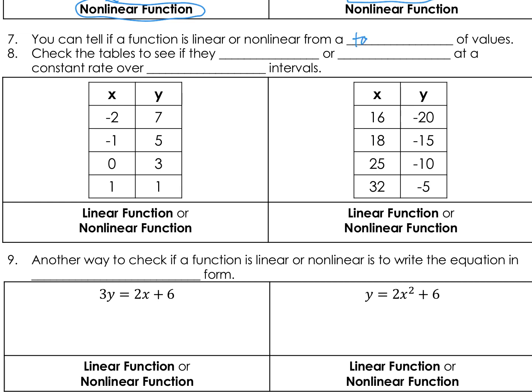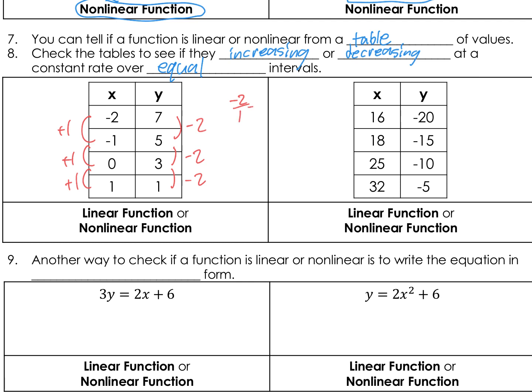You can tell if a function is linear or nonlinear from a table of values. Check the table to see if they are increasing or decreasing at a constant rate over equal intervals. So, if we look at the table on the left, we see that the y values keep going down by 2, whereas the x values keep going up by 1.